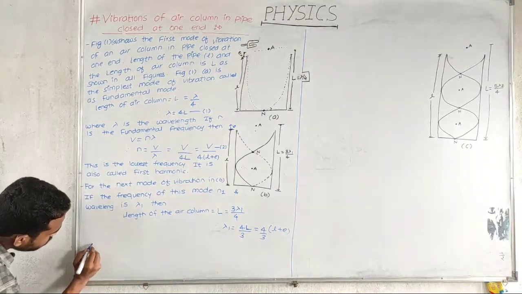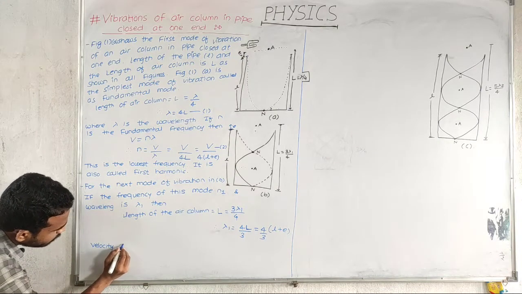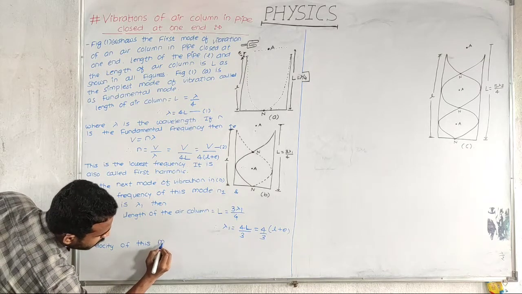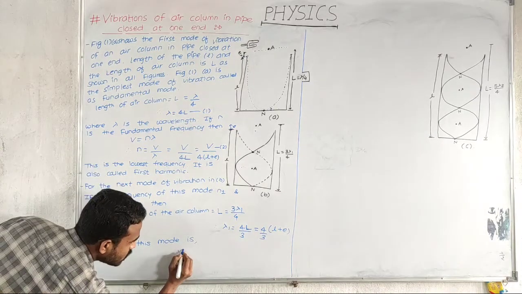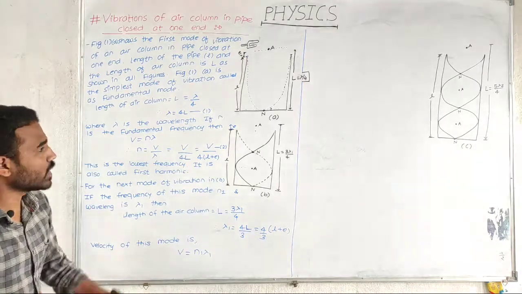Now the frequency for this. The velocity of this mode is v equals n1 lambda 1, as we had seen.